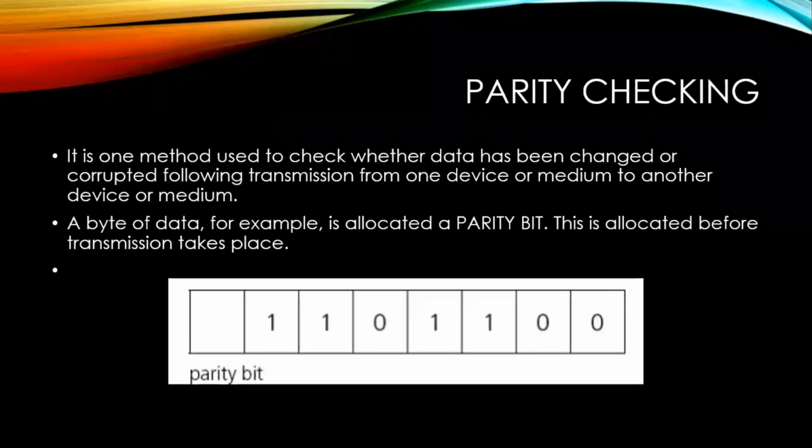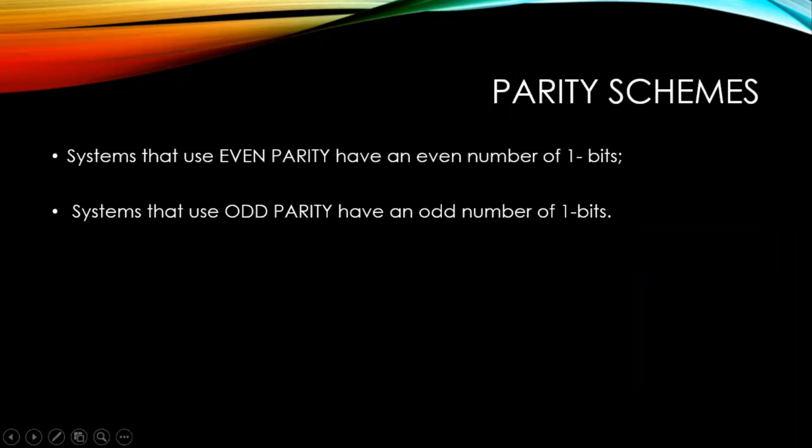This byte of data must have an extra bit allocated to it, known as a parity bit. The parity bit can be either a 0 or 1 that I'm going to add. Before sending the packet of data, one extra bit is added, and depending on the scheme I'm using, even or odd, I'm going to add a 0 or 1.